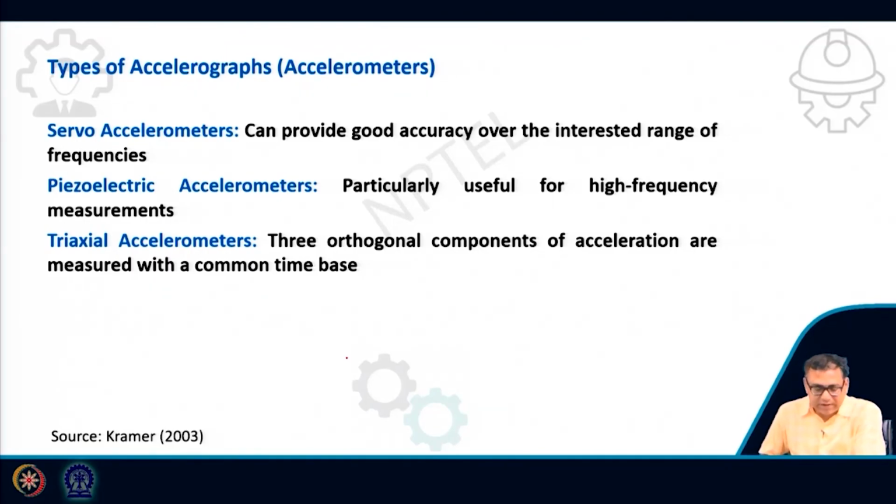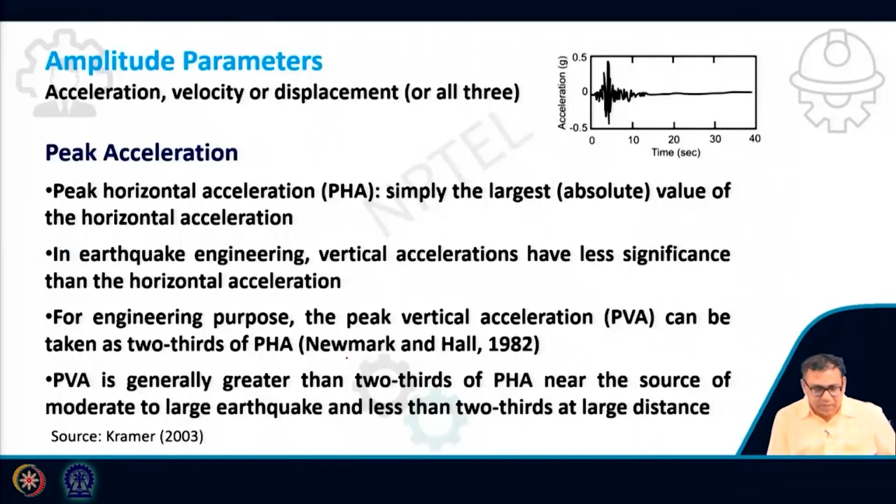Now, piezoelectric accelerometer is particularly useful for high frequency measurement, and triaxial accelerometers, the three orthogonal component of acceleration, two horizontal and one vertical, are measured with a common time base. So these are the different accelerometers that are used.